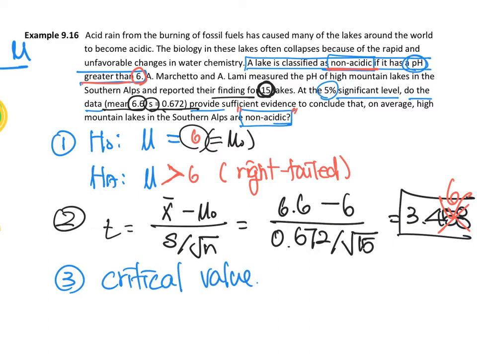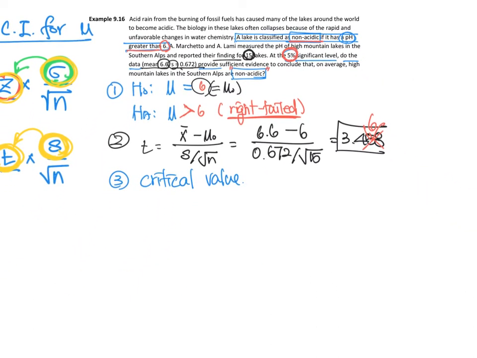So let me go to the t-table. But before we go to the t-table, we have to know the alpha was 5% and the right tail. So now we can make the t distribution. You know, the t distribution looks like the standard normal distribution with the mean equal 0.